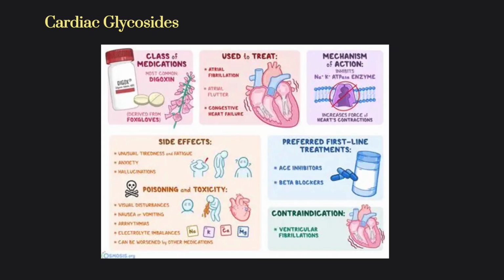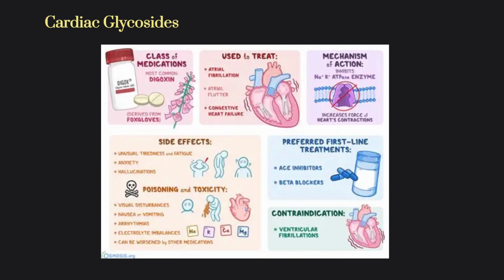I will go over that again when we talk about arrhythmias. And then common side effects: they may be fatigued, have anxiety, hallucinations. One of the biggest things with digoxin, it is one of those drugs that you have to monitor a therapeutic drug level. So toxicity is a concern with digoxin.